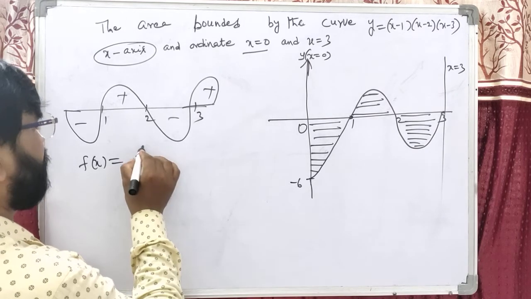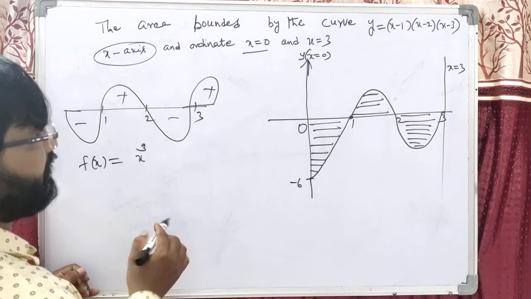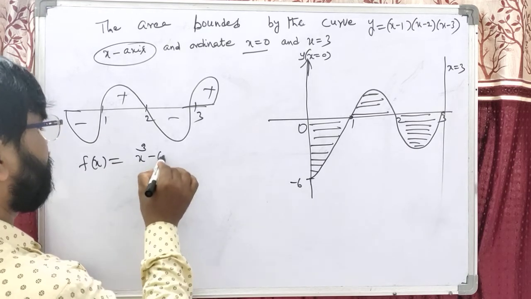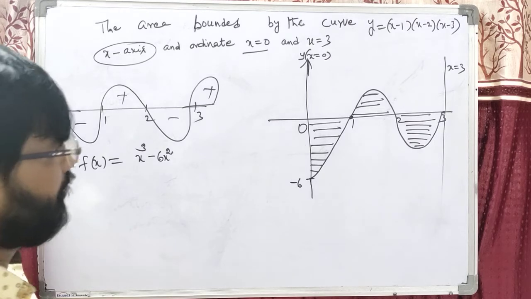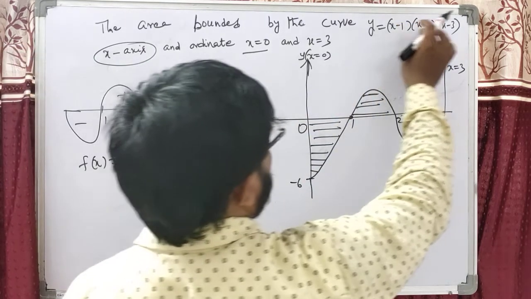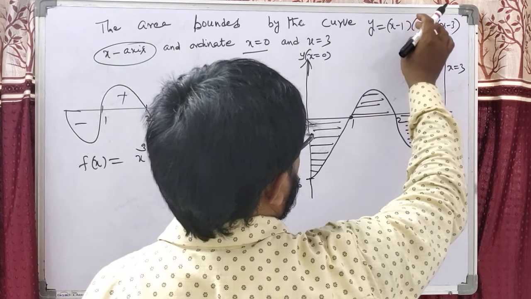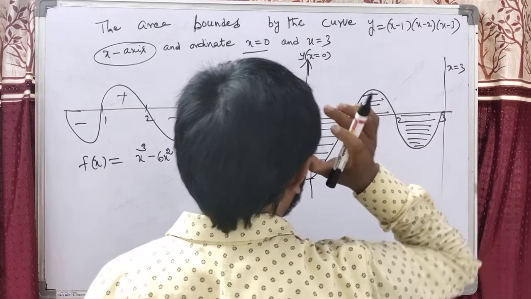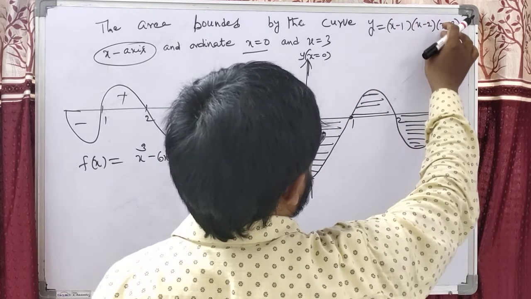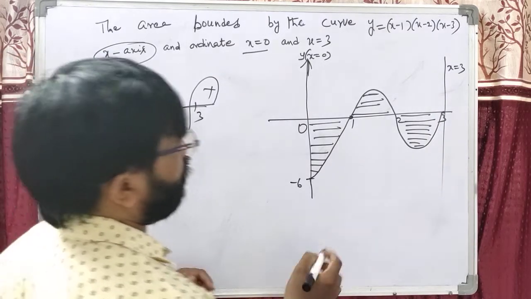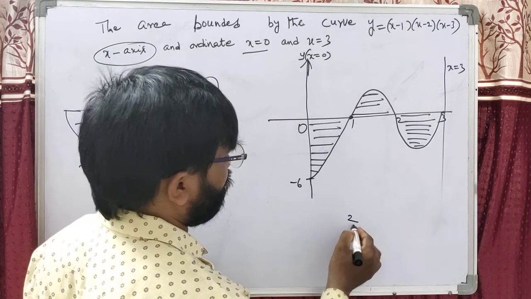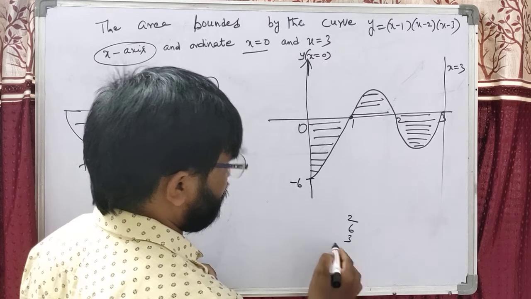First you can write x cube, that is x cube minus 6 x square. After that, x into x cube minus of 1 plus 2 plus 3, 6. 1 2 is 2, 2 3 is 6, 3 1 is 3. Therefore, that is 11.